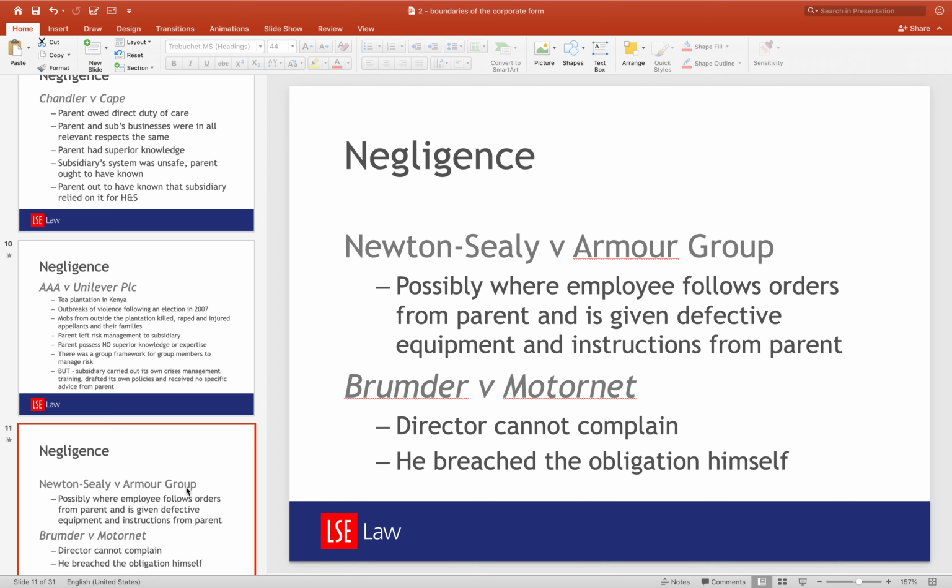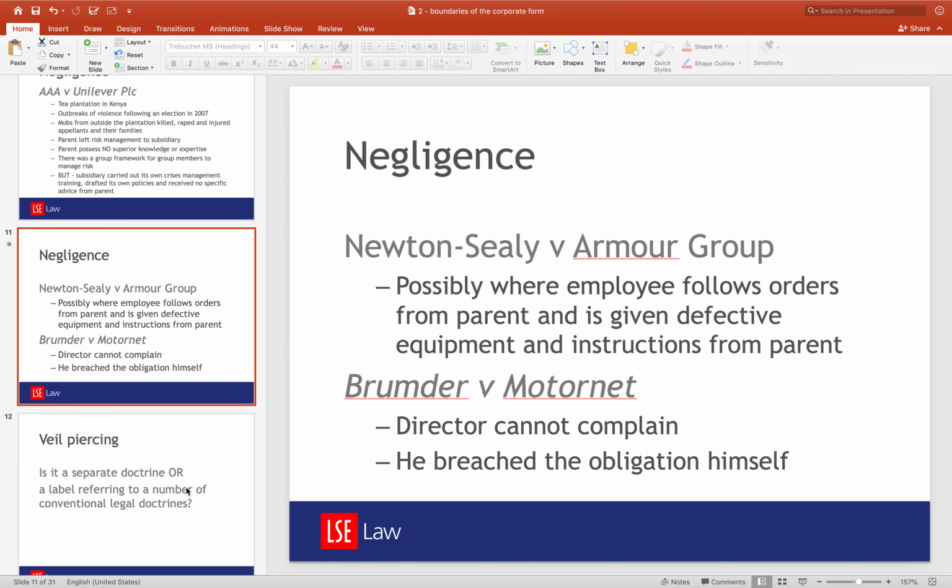Here's another example. That was the Newton-Seeley case, which had to do with a security worker securing a site in a war zone, and there they were exposed directly to the parent company, which gave them inadequate equipment and instructions.